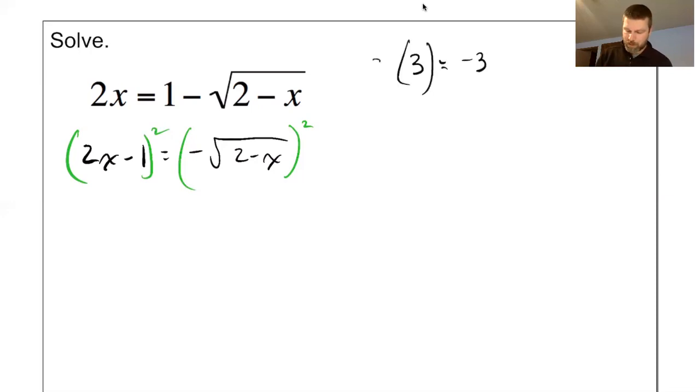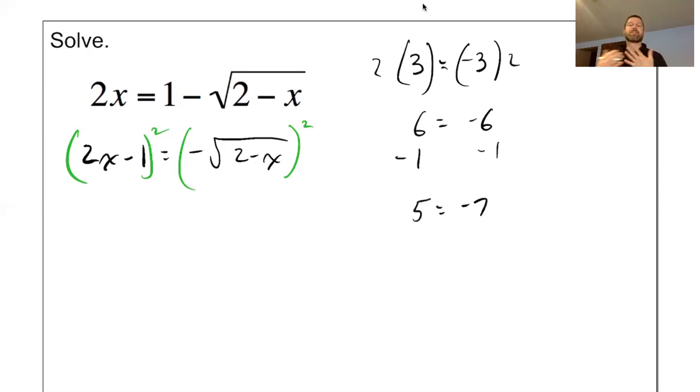If I did something like multiply both sides by 2, I end up with 6 equal to negative 6, which is still not true. If I subtracted 1 from both sides, I would get 5 equals negative 7, which is still not true. I'm not going to suddenly make that a true statement by adding or subtracting something or by multiplying by a constant. But I could make it a true statement by squaring both sides.